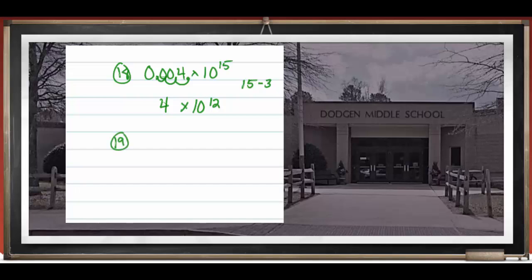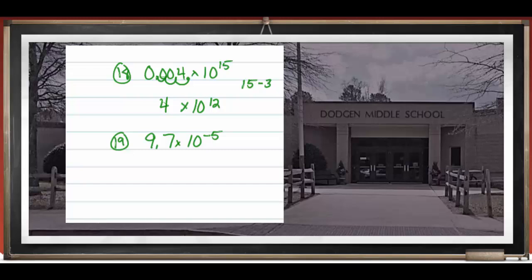Problem number 19, we're now taking scientific notation and writing it out in standard notation. 9.7 times 10 to the -5th power. Right away, I know just from looking at that -5 in the power that we're dealing with a really small value.